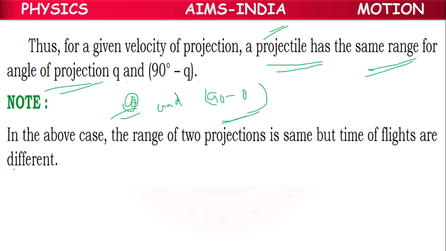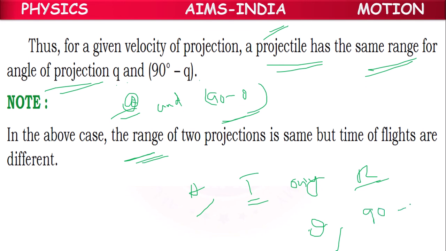Only the range is the same, children. Maximum height will be different. Time of flight will be different. Only the ranges are the same for angle of projection theta and for angle of projection 90 minus theta. Remaining all other values are different.